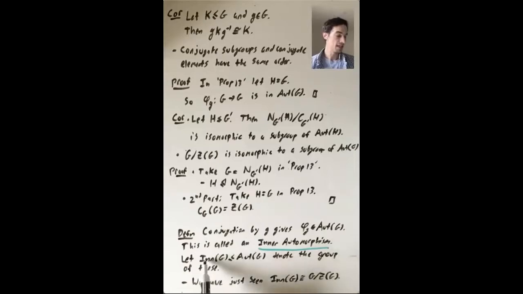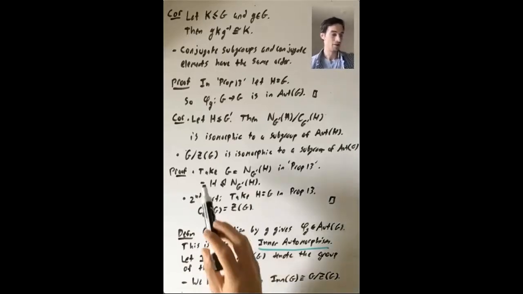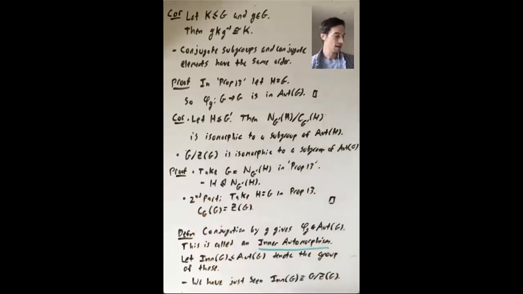So we're going to use Inn(G) to denote this subgroup. And we've seen right here that this group of inner automorphisms is isomorphic to G mod the center of G. So there are all different kinds of questions you could ask. For particular examples, what is the whole group Aut(G)? And then what is this subgroup of inner automorphisms?